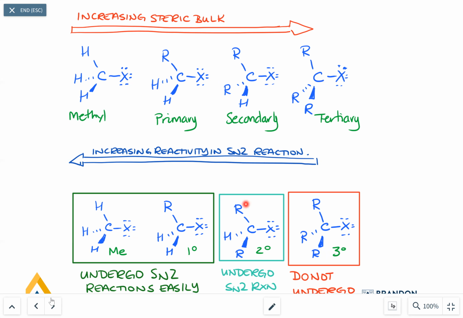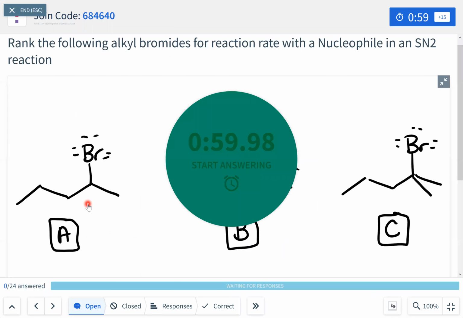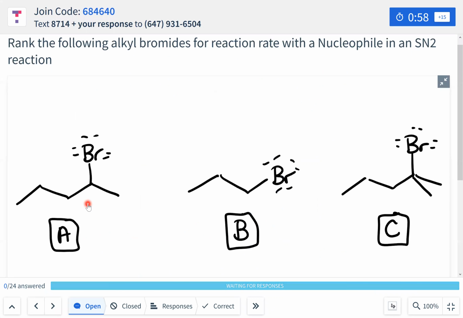Okay, one last question before we end class. Rank these basically based upon how fast they will undergo an SN2 reaction.